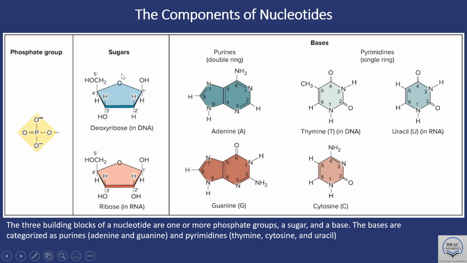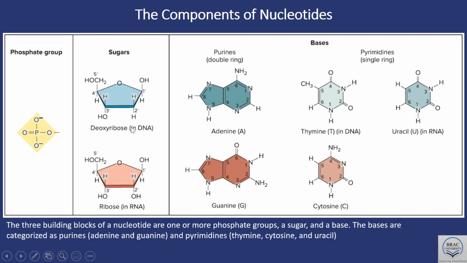One difference between this ribose and deoxyribose, you can see this ribose sugar, the 2' carbon is having a hydroxyl group OH, but in case of deoxyribose, this oxygen is absent in the same place, the 2'. So that's the main basic difference between the sugars of DNA and RNA.